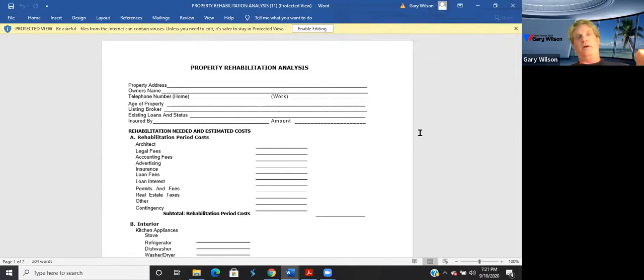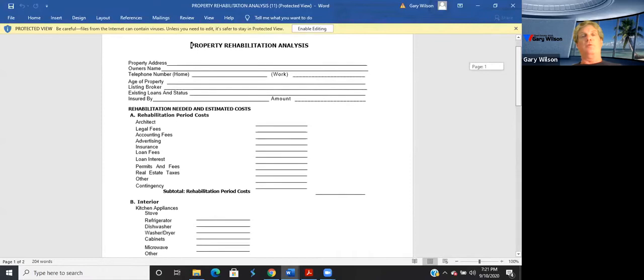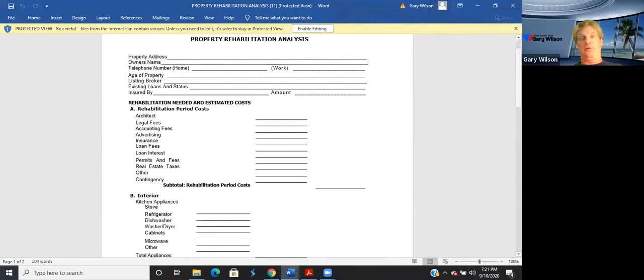On the left-hand side, go down to forms and calculators, and that's where this form is. It's a Word document, so it's the editable form. When you go through the property, your client is probably going to do this with your assistance. They're going to start adding everything up.